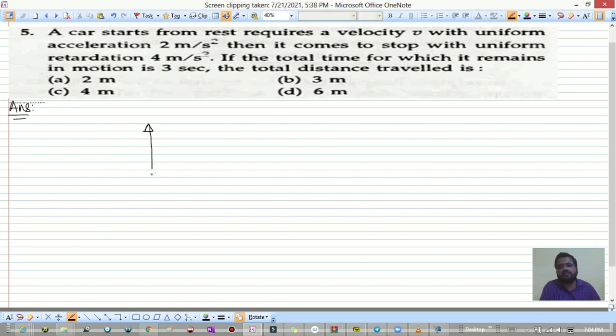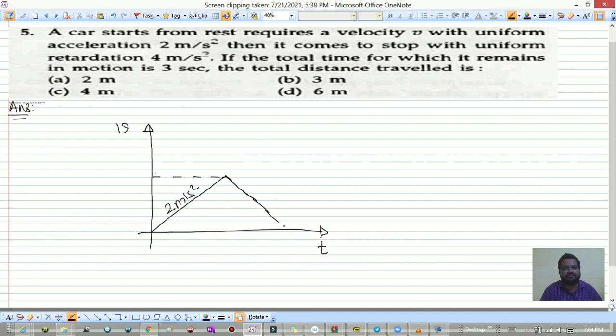So over here, as you can see, this is the velocity, this is the time, and initially it is moving with uniform acceleration of 2 meter per second squared. It reaches the maximum velocity, and after that it retards with a deceleration of 4 meter per second squared. This is the Vmax we have. The time required for this is, let us suppose, t, and the total time is given as 3 seconds.